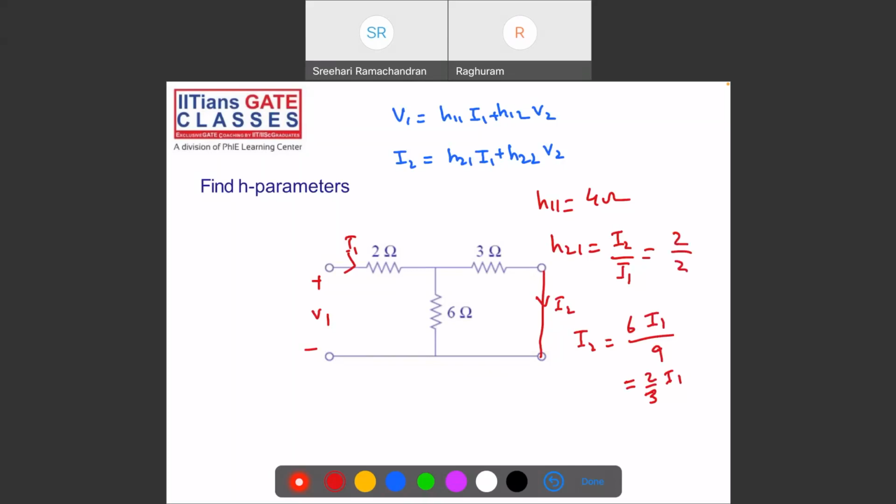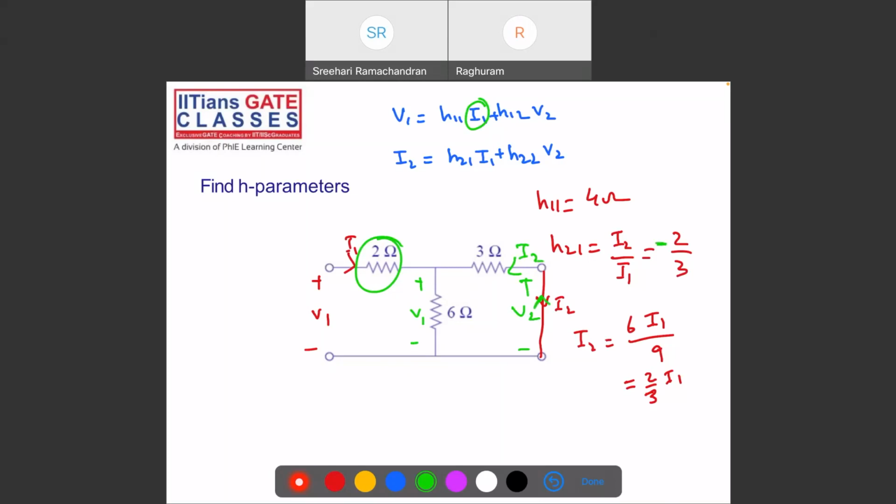Next, the other thing is I1 is 0. I1 is an open circuit, so you won't get this. Here this will be V1, this is V2, and this is I2. Sorry, I2 by I1, I'll get minus, right?